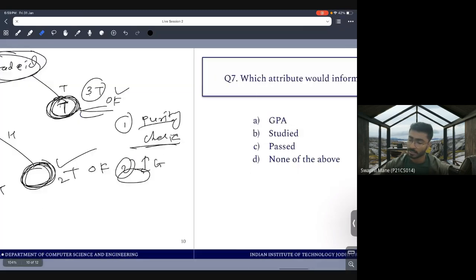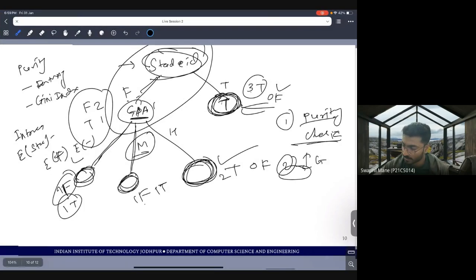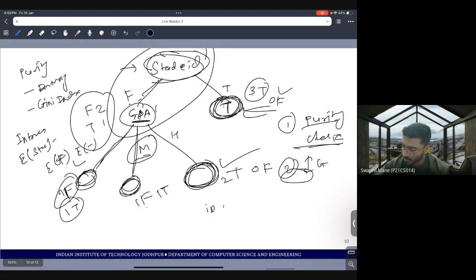Also, we can represent this decision tree in a rule-based way. Whatever comes along the internal path is an AND operation.